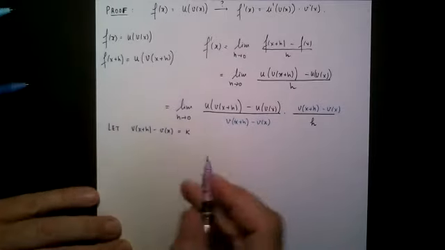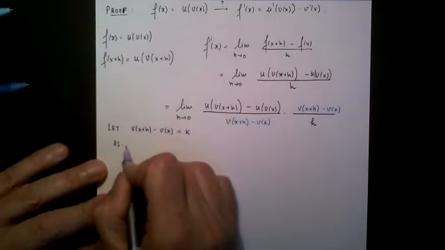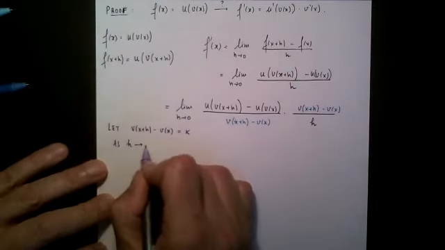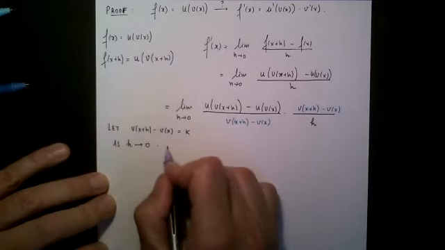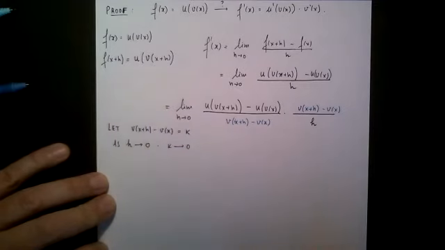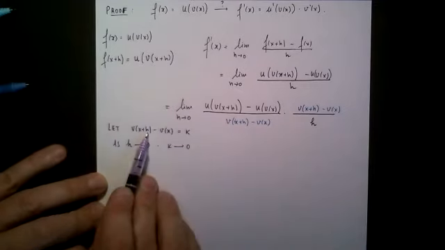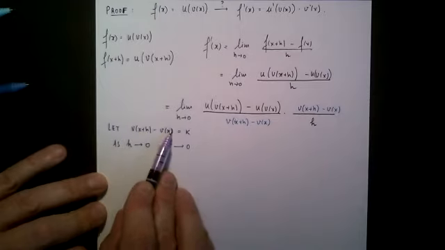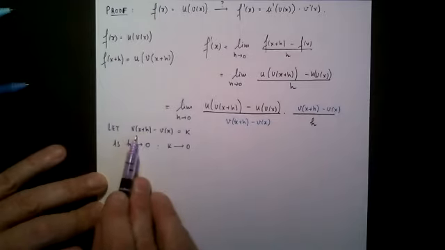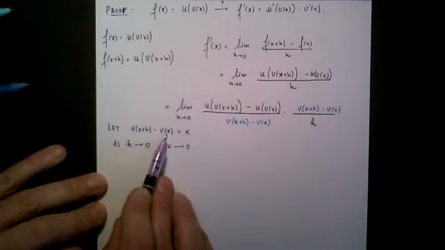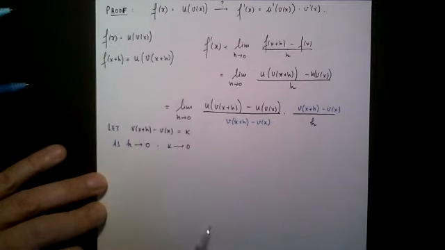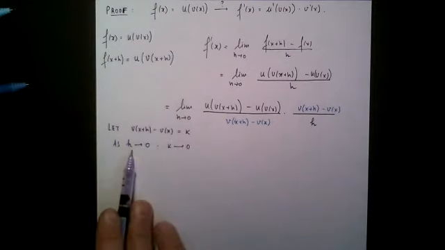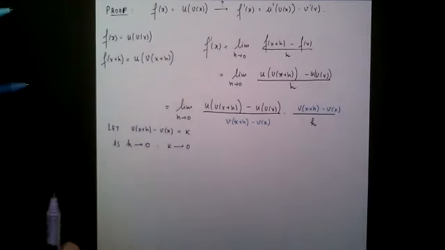And I'm going to notice something: as h approaches 0, k also approaches 0, obviously. Because if h is very, very small, then this difference here will be almost v of x minus v of x, which is almost going to be 0 as well. So the smaller the h, the smaller the k.